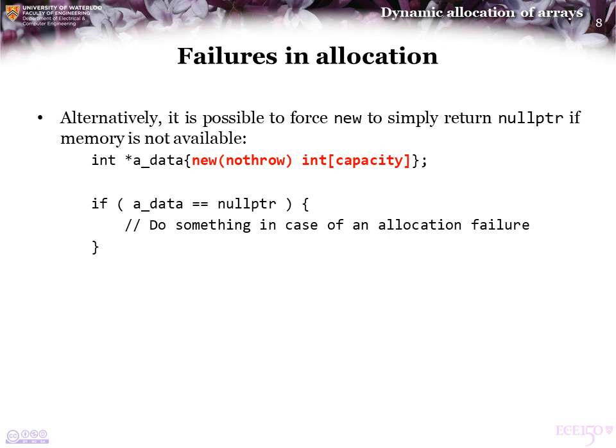Now, the implementation of this in C++ is beyond the scope of this course, but what this will do is either return an address if the appropriate memory was found, or if the appropriate amount of memory was not found, it will return a null pointer. At this point, you can then check if the local variable a_data is equal to the null pointer, then you can do something in the case of an allocation failure.